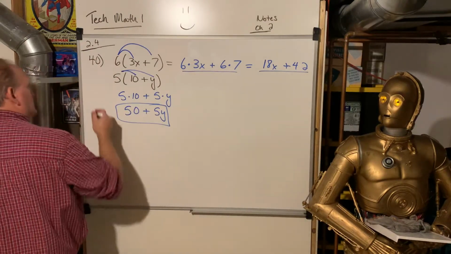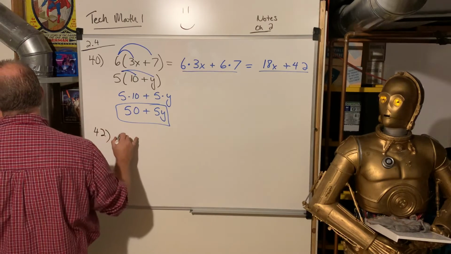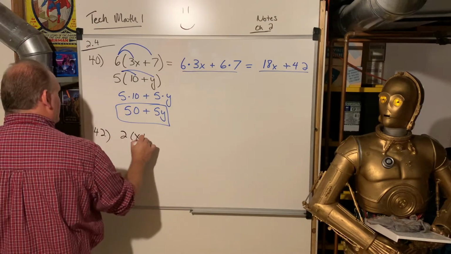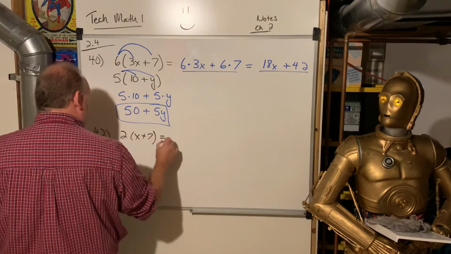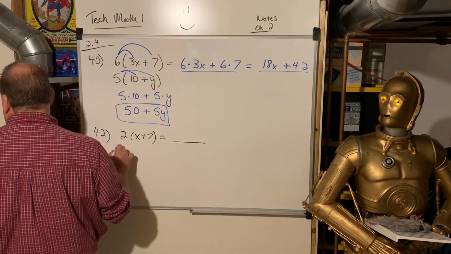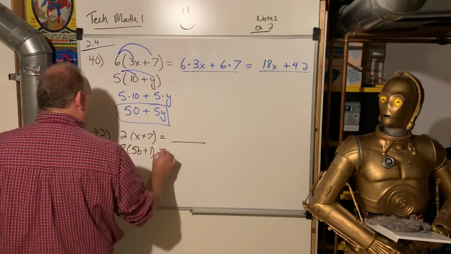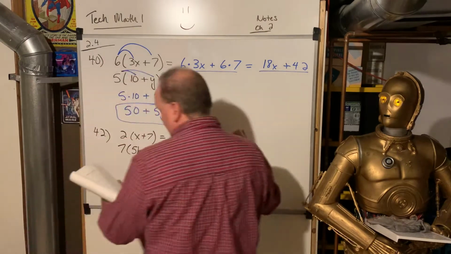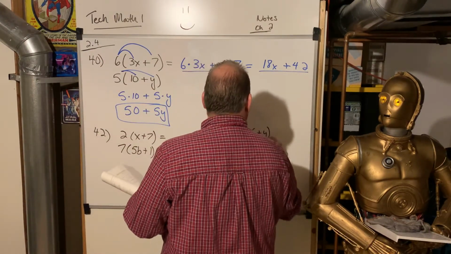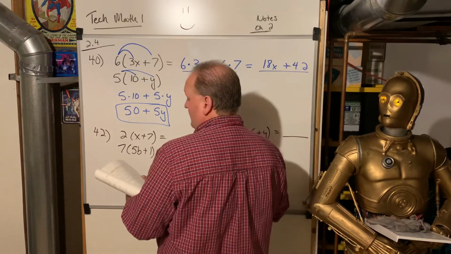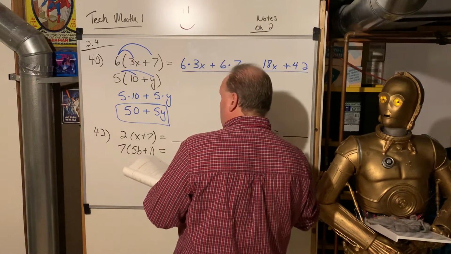All right. So like I said, I think the book just did it to save room. So they have like 2 times x plus 7 on number 42. But then they have equals what, and 7 times 5b plus 1 equals what, and 5 times 6 plus y equals, and 8 times 5 plus 7m equals.